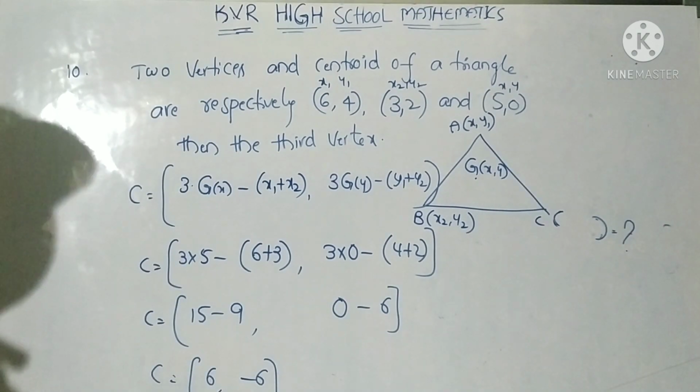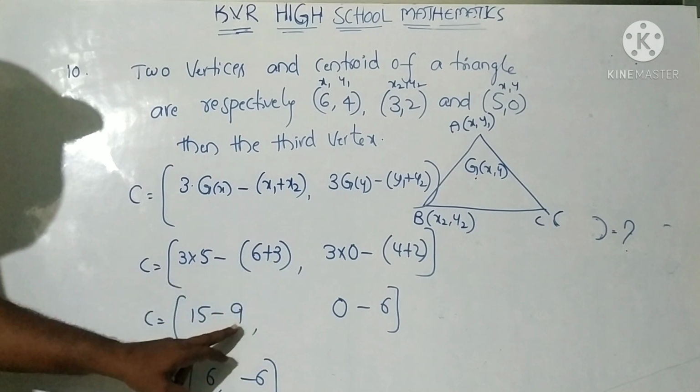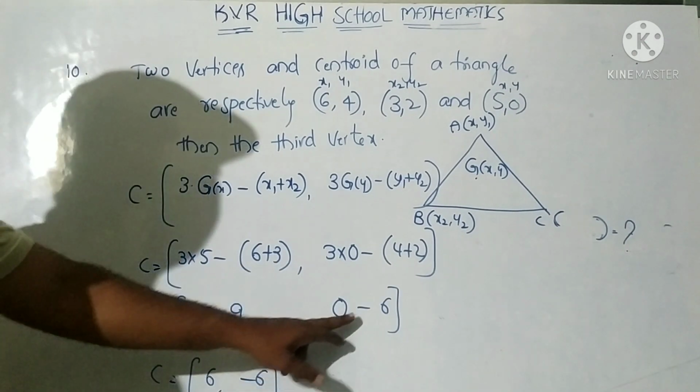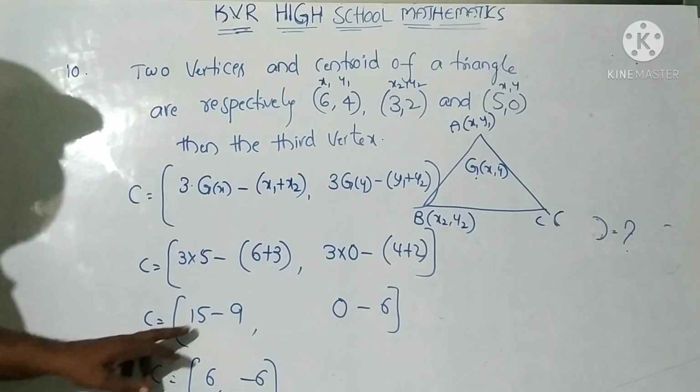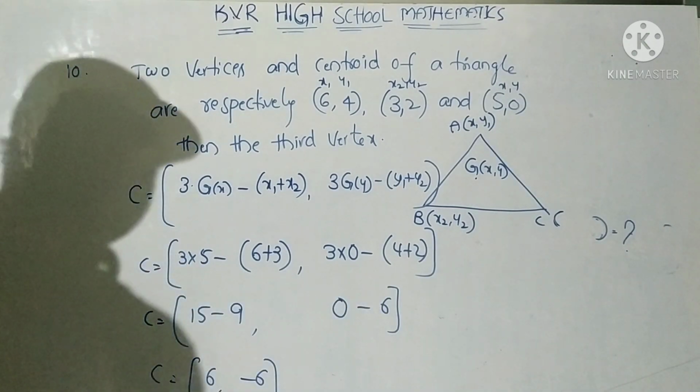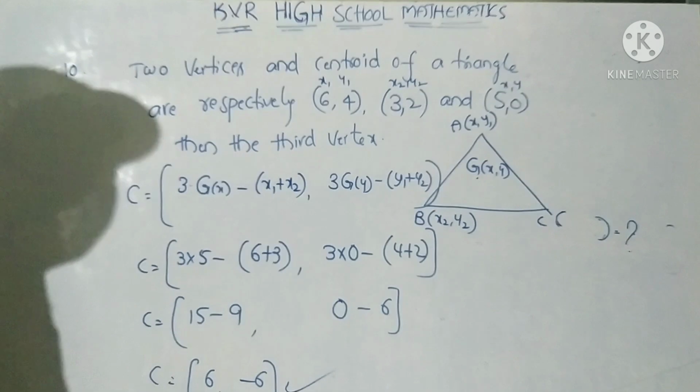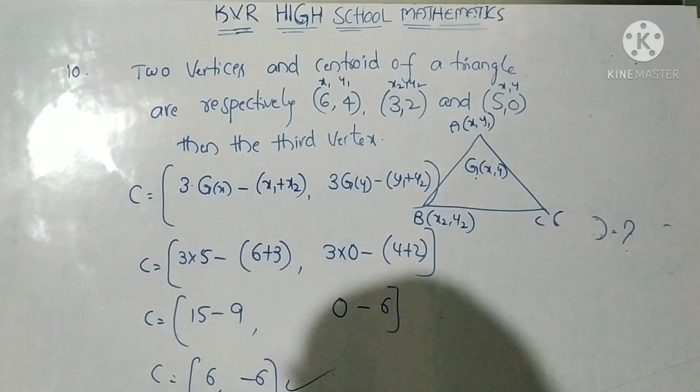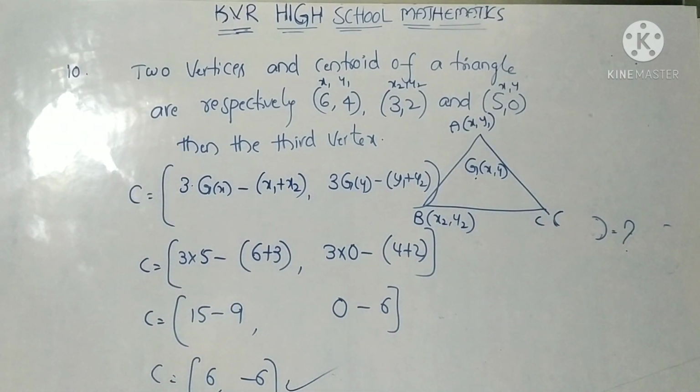So, this is the third vertex of the triangle. Direct short formula: 3gx minus (x1 plus x2), 3gy minus (y1 plus y2). Apply that formula, and you will get the result within seconds.